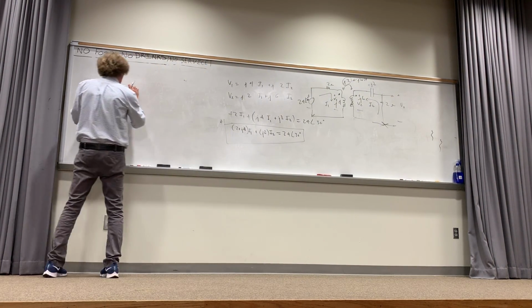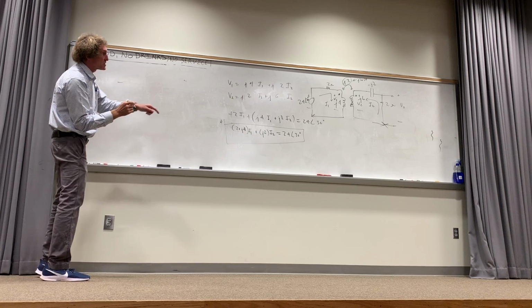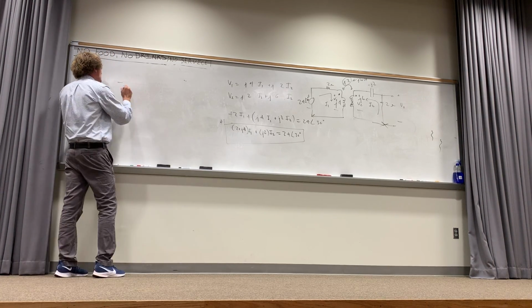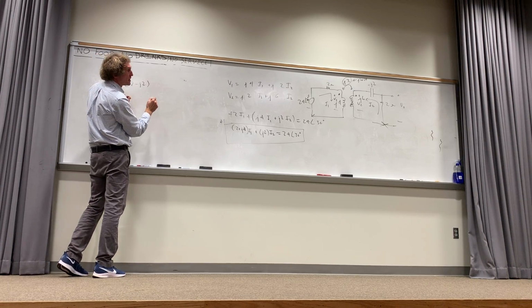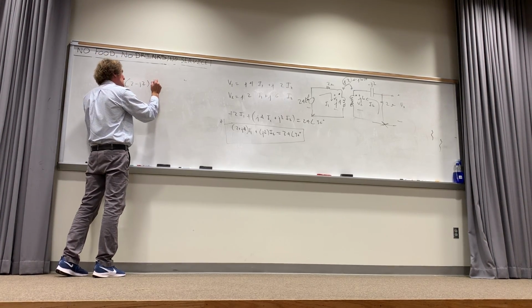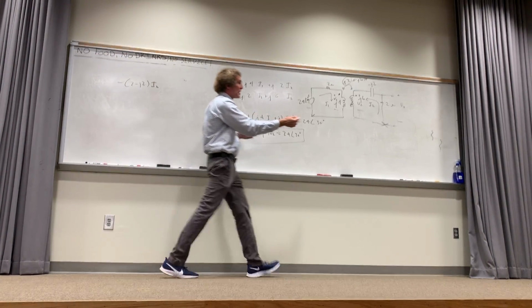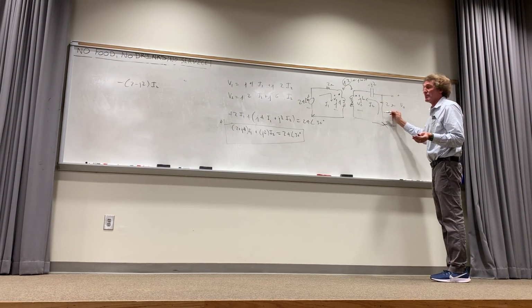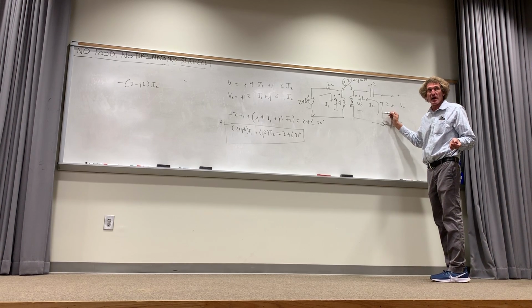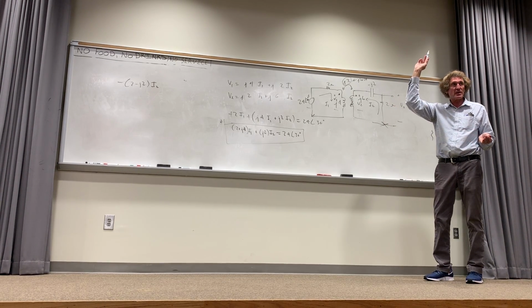You all see I'm going to have minus the impedance, which is 2 minus J2, times I2. Please watch this. I'm combining these two, so it's I2 times the sum of those two. That's a voltage drop. How many see this right here? Got to make sure we're together on this.